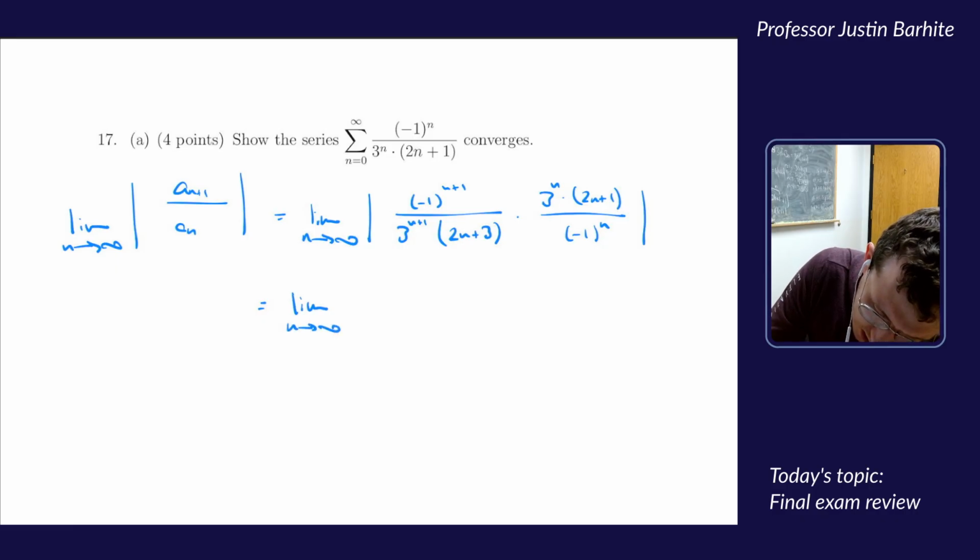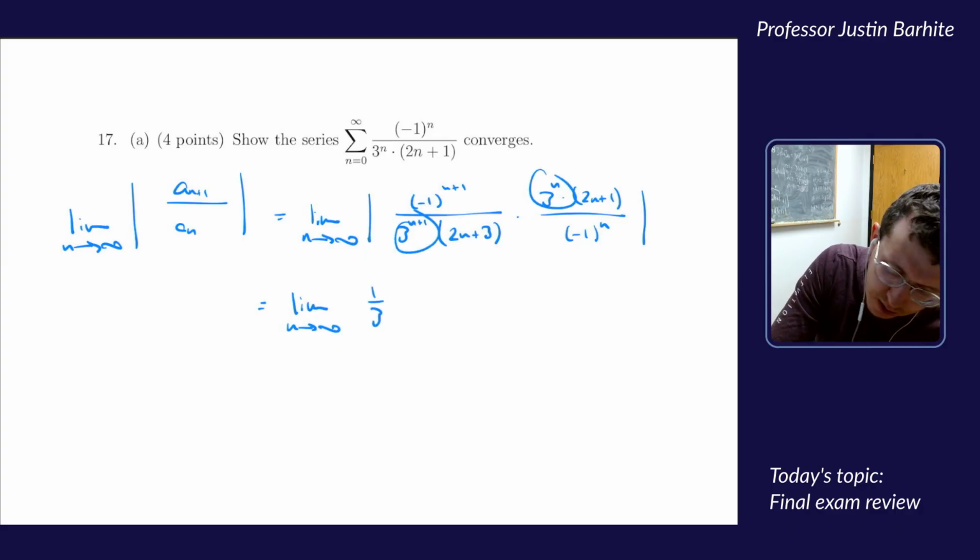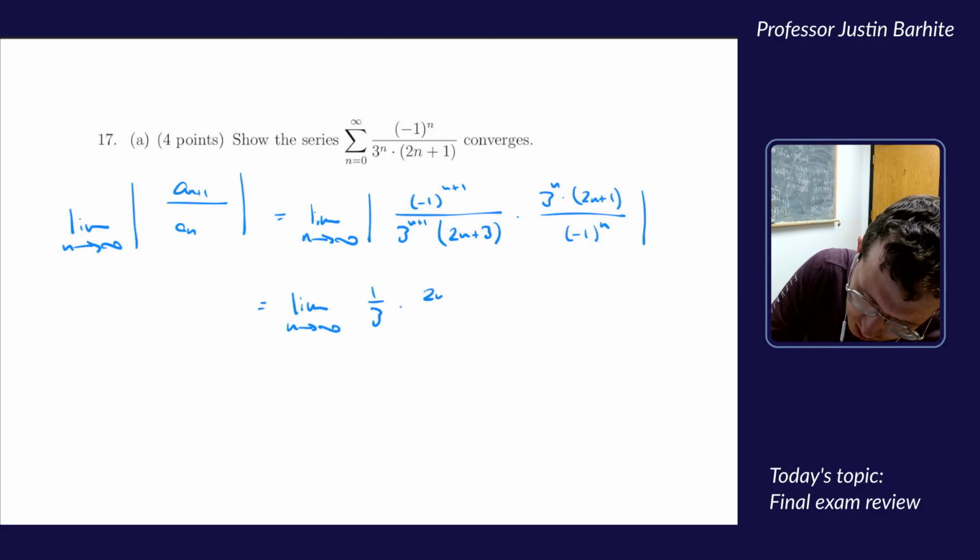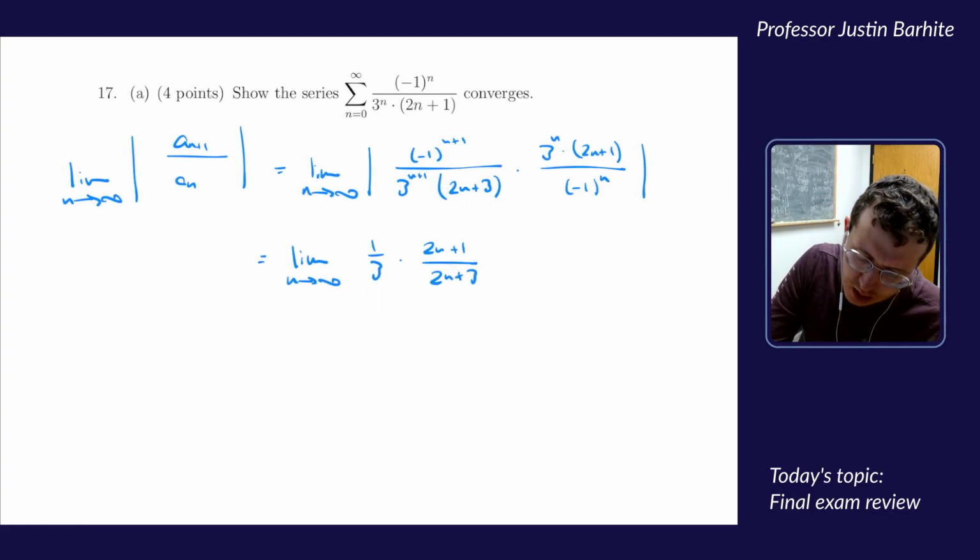We're going to end up with 1/3 from the 3 to the n and the 3 to the n plus 1, and then a 2n plus 1 and a 2n plus 3.